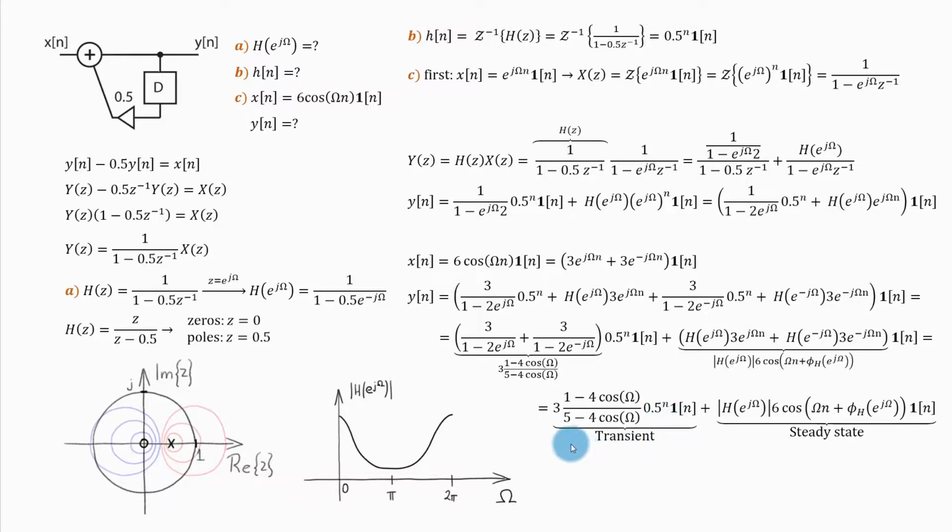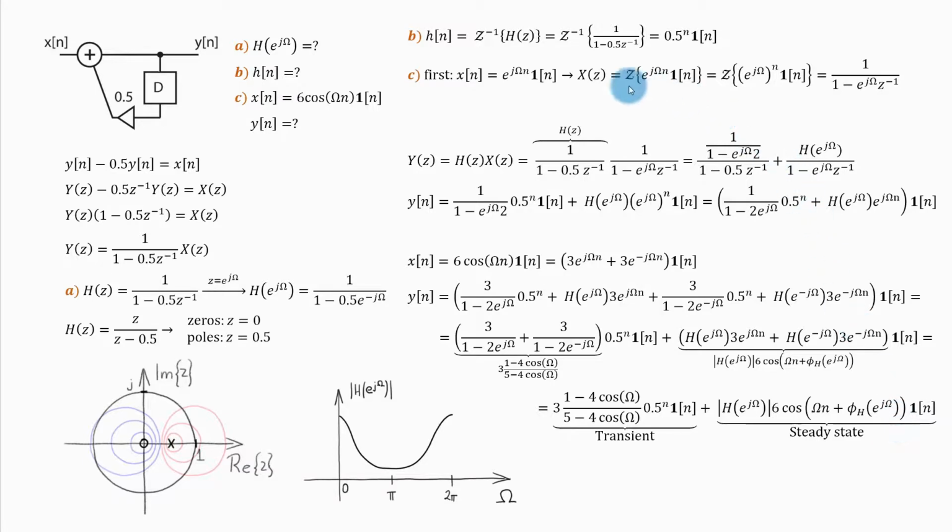And when this transient becomes negligible, only this steady state will remain. And this steady state is the same cosine as the cosine at the input, except it is scaled in amplitude and shifted in phase. The scaling in amplitude is provided by the magnitude of the frequency characteristic, and the shift in phase is given by the phase of the frequency characteristic.